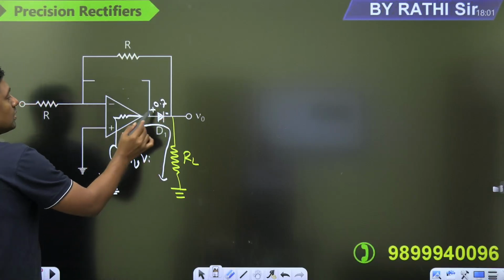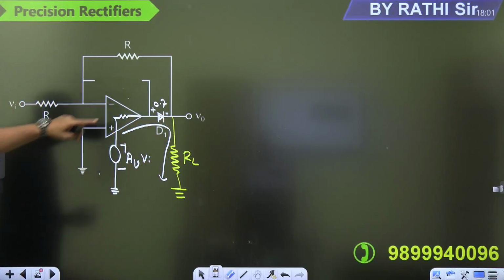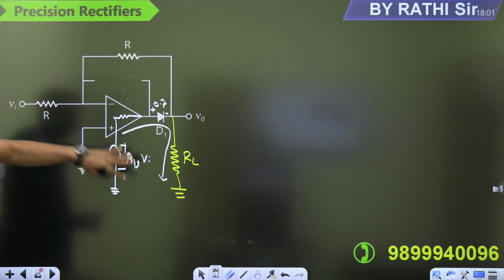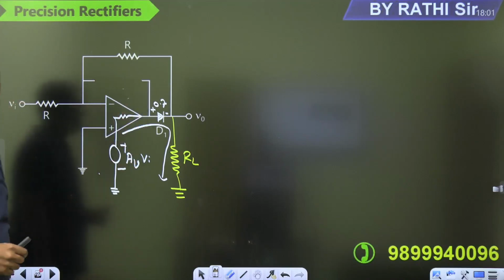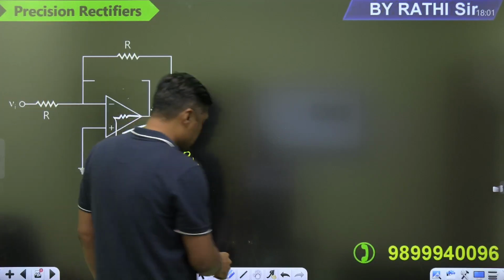And now because of the negative feedback through this diode, it will avoid the positive saturation.